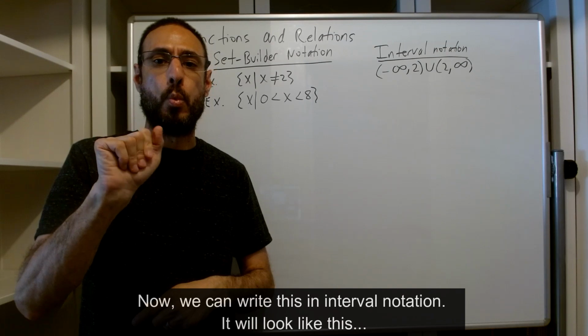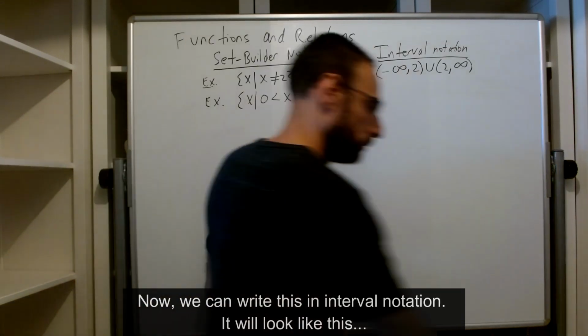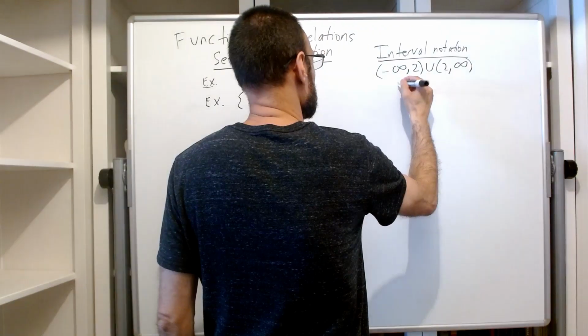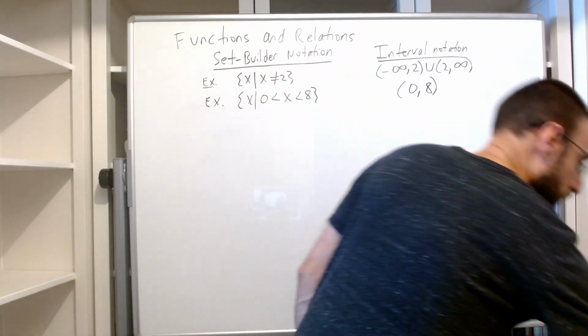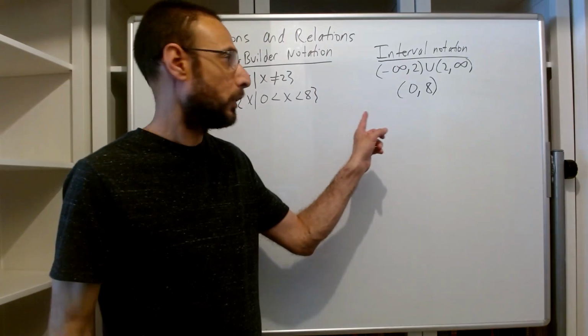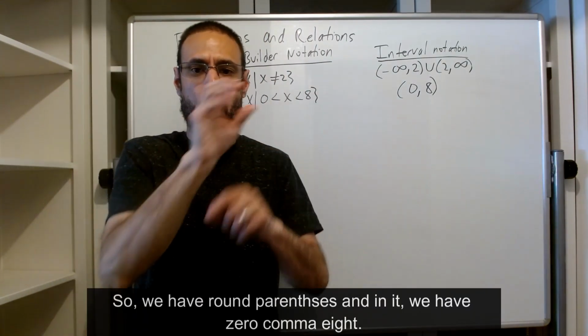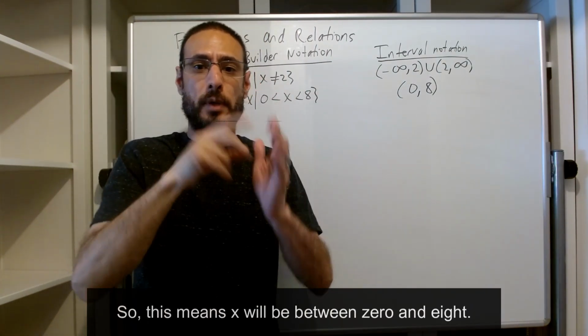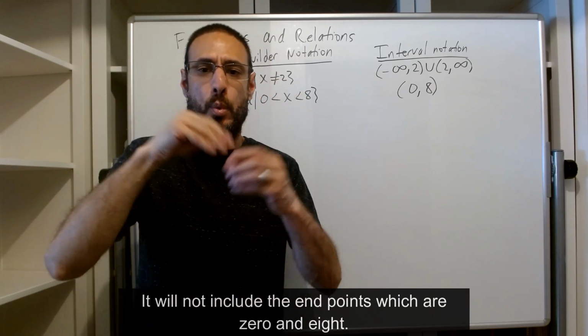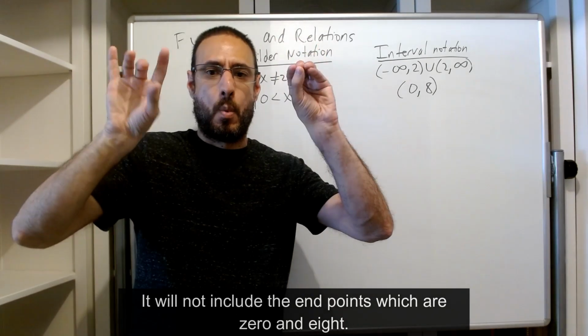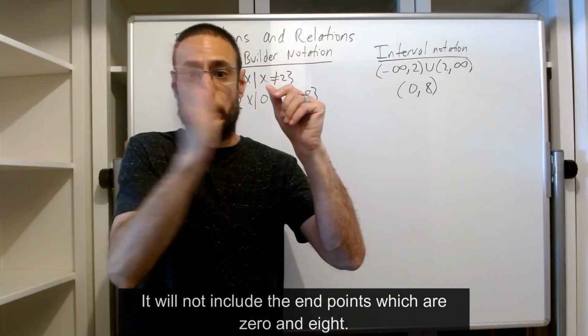It will look like this. We have round parentheses and in it, we have 0, 8. This means x will be between 0 and 8. It will not include the endpoints which are 0 and 8.